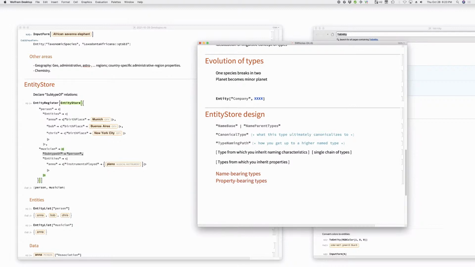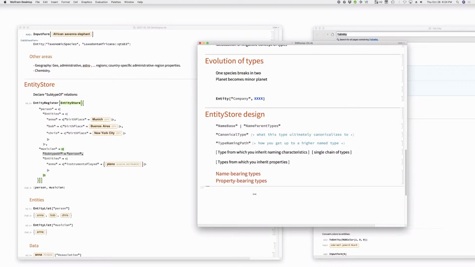So the claim is that every entity must appear in a name-bearing type, and it is an error if it appears, it should appear only in, well, we could put it into, in terms of the canonical version, what is the canonical version of the entity store?